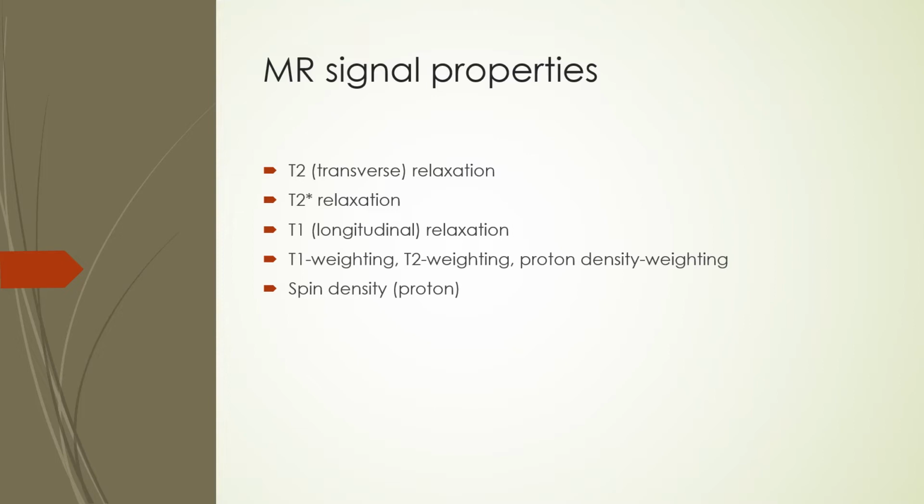When an electromagnetic pulse or radio frequency pulse B1 is applied to the precessing proton, it nutates or flips onto the XY plane and generates an MR signal called the free induction decay signal as it returns to equilibrium. On the following slides, we shall look at T1 relaxation and T2 relaxation times of the MR signal.